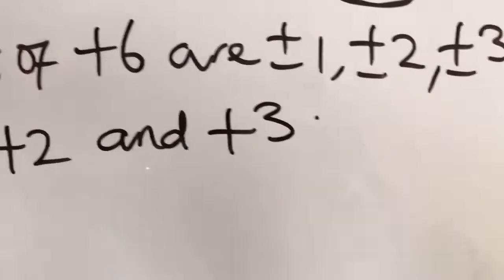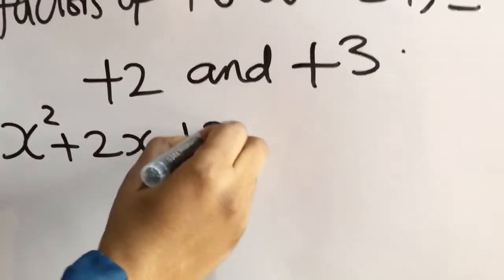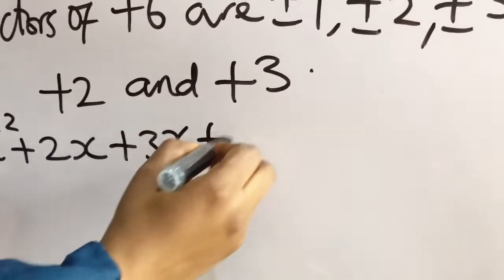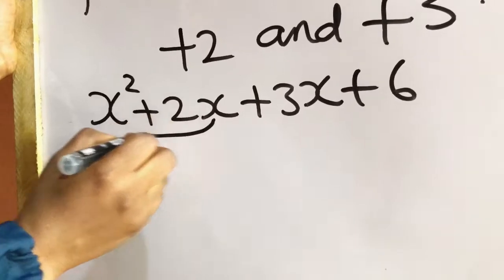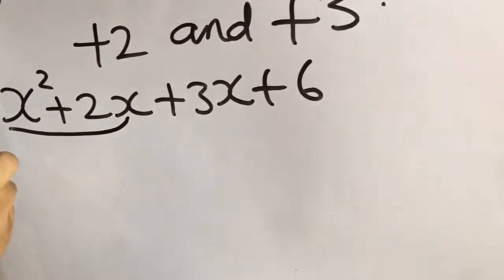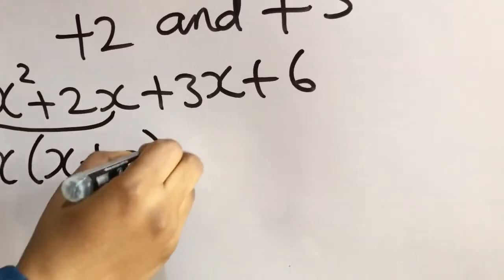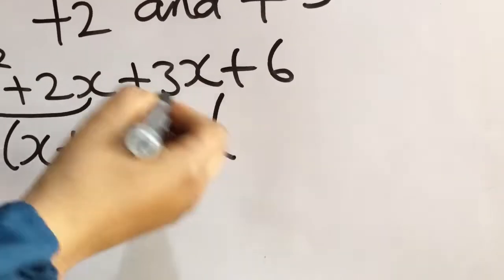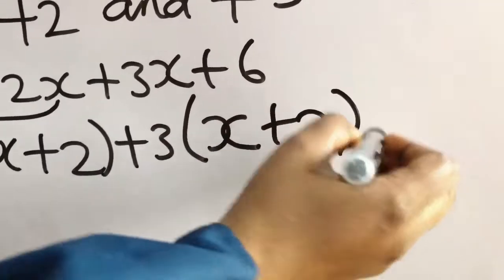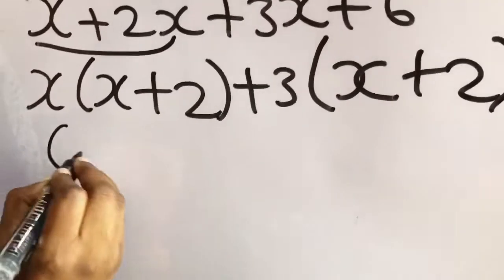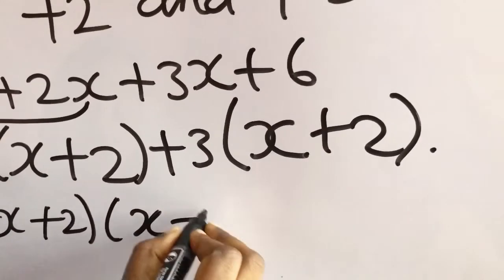So we have x squared plus 2x plus 3x plus 6. So let's factorize what is common to this expression, and that is x. So we have x times x plus 2, then plus 3 factorized out, then we have plus 3 times x plus 2. So the factors will now be x plus 2 multiplied by x plus 3.